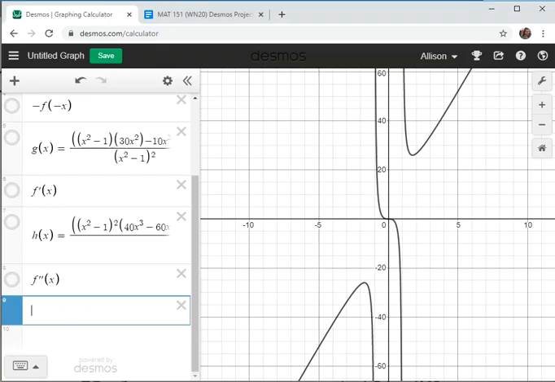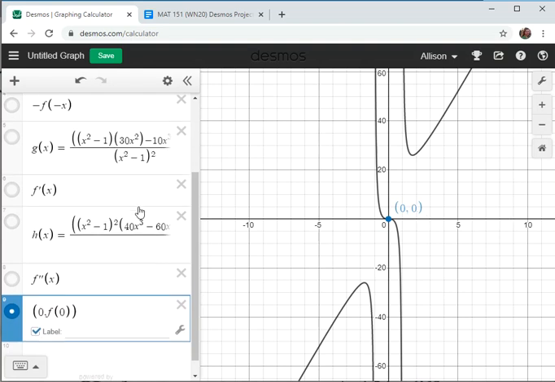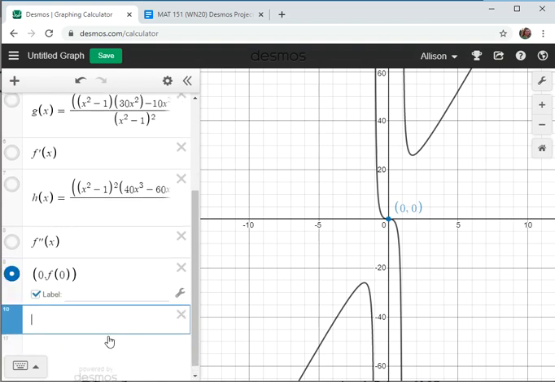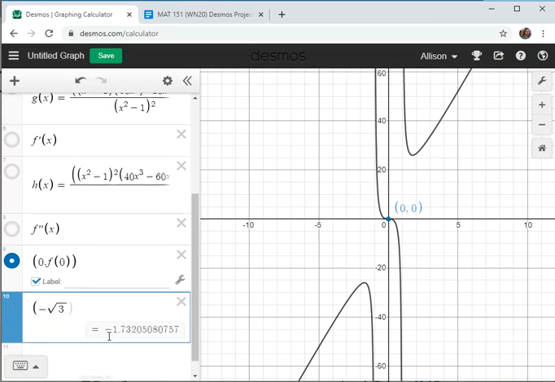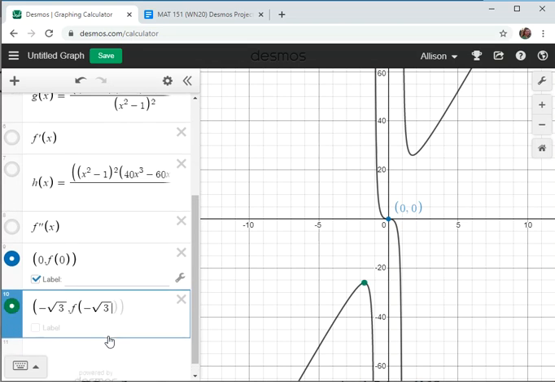So the first ordered pair that we want is 0 comma f of 0, and if I check the label box, it's going to fill in the ordered pair for me. And then the other ordered pairs that I want are negative square root of 3, comma f of negative square root of 3. I'm not actually finding the y value right here. I'm just telling it to do it.